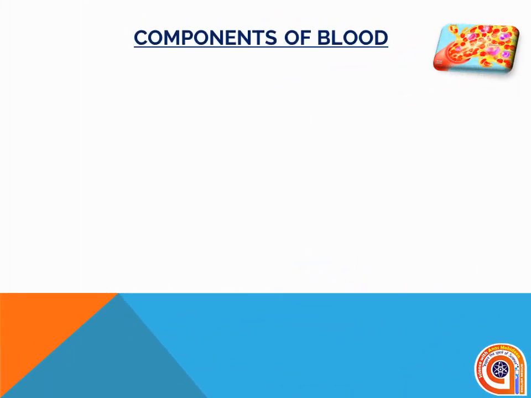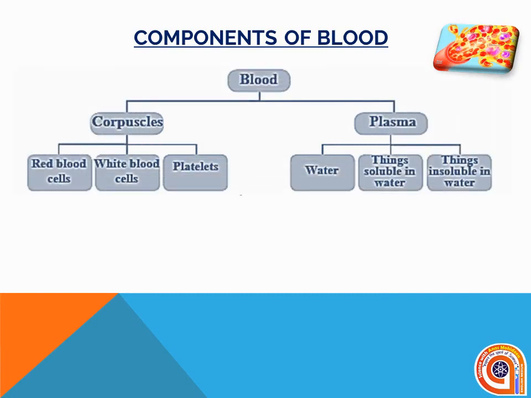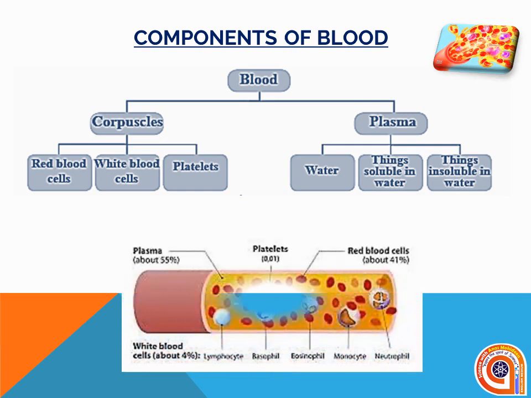So we can give a classification for these components of blood. Blood is of two different layers, corpuscles and plasma. Corpuscles are what we term as the blood cells. So there are three types: red blood cells, white blood cells, platelets. Plasma: water, things soluble in water, things insoluble in water.